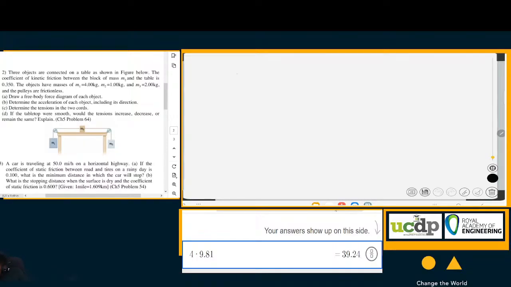What you should have on one side, because I have no space, is 7A1, or just write it as 7A. That's going to be the acceleration for everyone. And on this side, the T1s cancel, leaving us with 39.2 newtons.